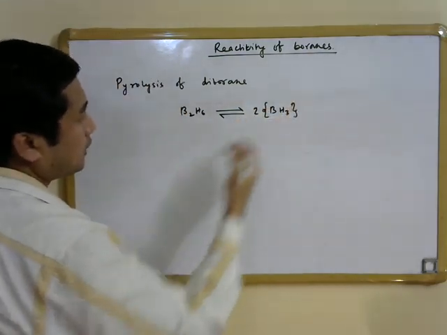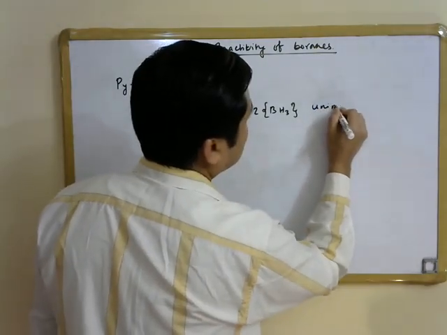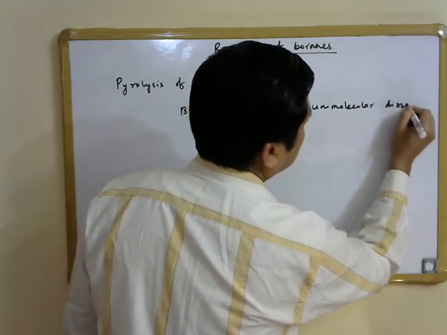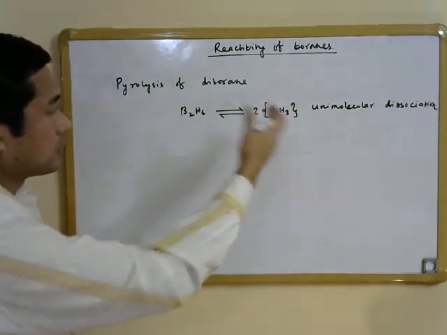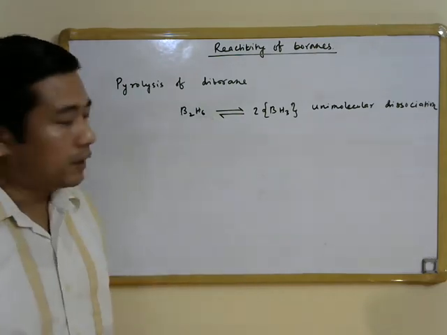Once BH3 is formed after unimolecular dissociation, this reaction is in equilibrium because BH3 itself will undergo dimerization to give B2H6.